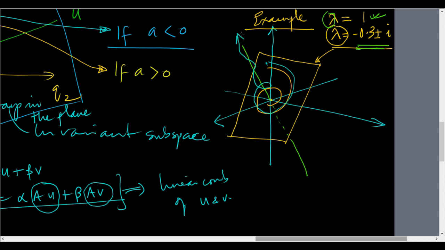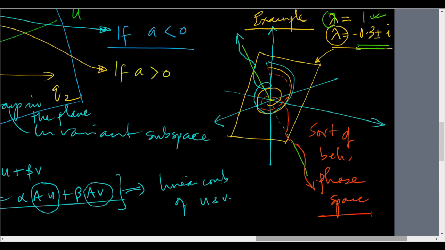And if you have another initial condition that is below the surface, then that will also be spiraling, but it will eventually go off in the other direction. Okay, so this is the sort of behavior you will see in phase space when the eigenstructure is like that, right?